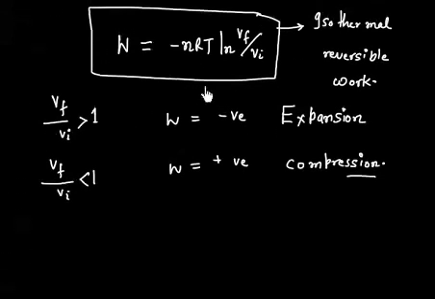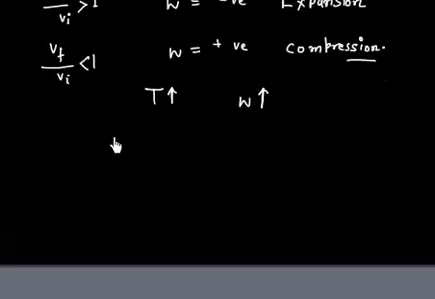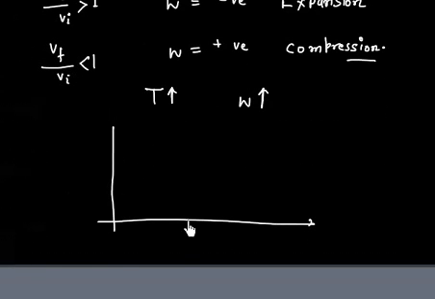Another important result we have: if you do the same change in volume, that is Vi to Vf, at a different temperature, work will be more. So if you increase the temperature, work done also will increase. So this means if you are changing from V1 to V2, the process goes something like this.